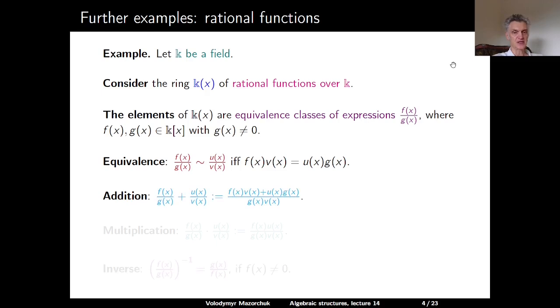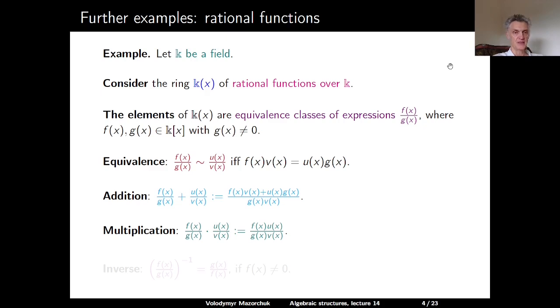Addition of such expressions is defined in the following way. f divided by g plus u divided by v is equal to (fv plus ug) divided by gv. This is the usual addition of fractions. And of course we are talking about the classes of equivalent expressions. And the multiplication is defined as follows. f divided by g times u divided by v is equal to fu divided by gv.